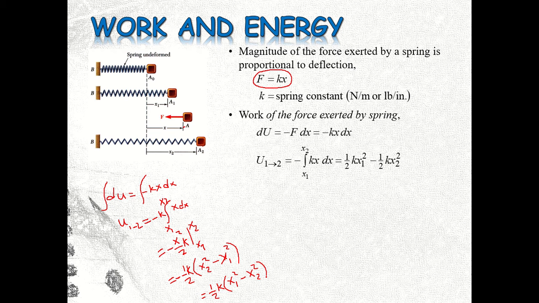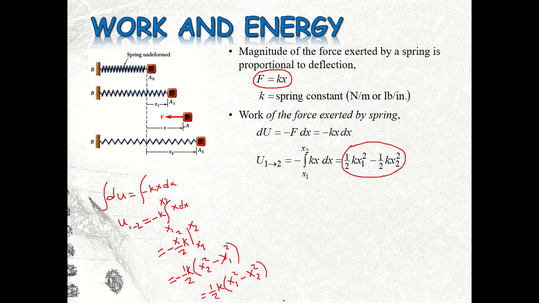Okay, so it's just like this one. I just factor out one half here because we have one half on the first term, one half on the second term. So I just factor out one half and also the k. So that's why we have here one half k times x1 squared minus x2 squared.